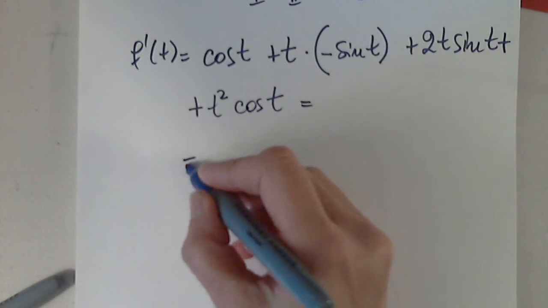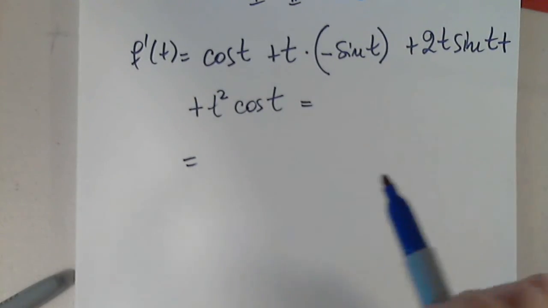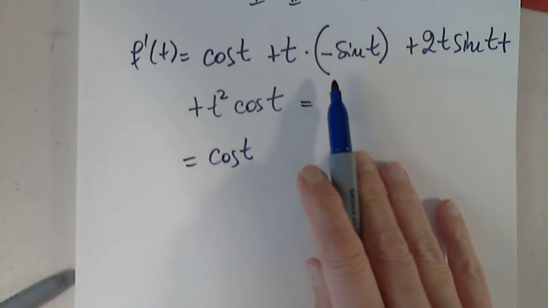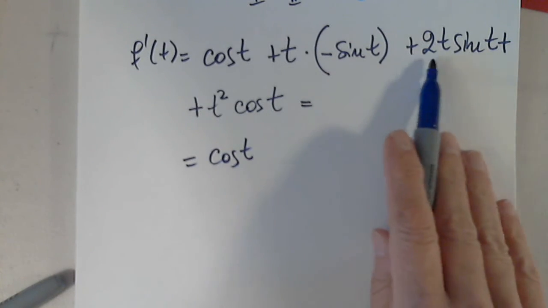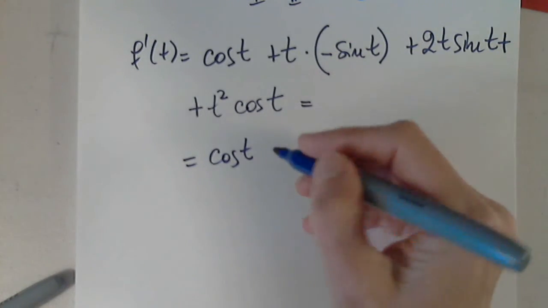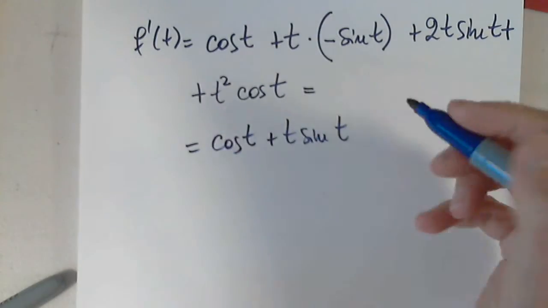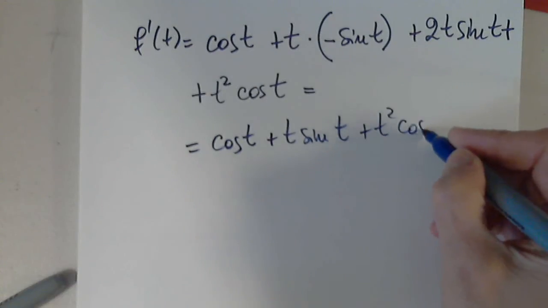I try to simplify and at least combine like terms if I can. And the cosine t is by itself. Negative t sine t plus 2t sine t will become positive t sine t. And no one can do anything to t squared cosine t.